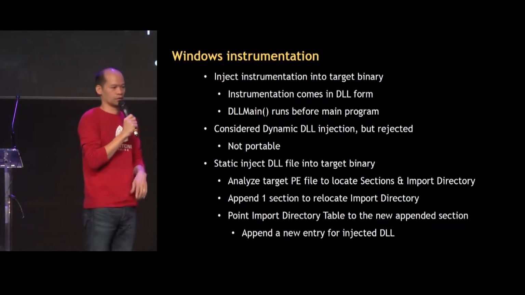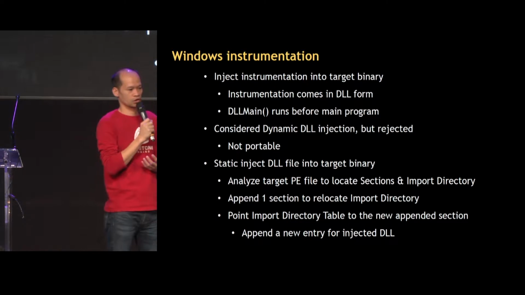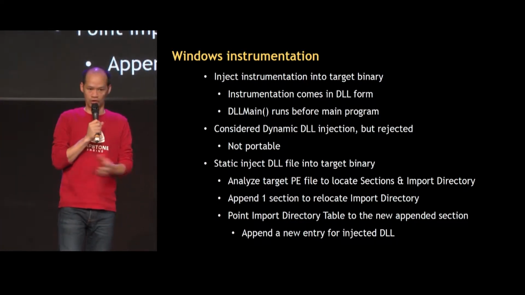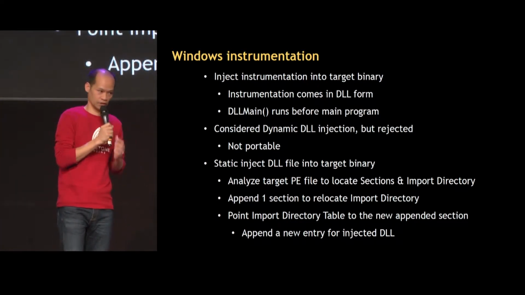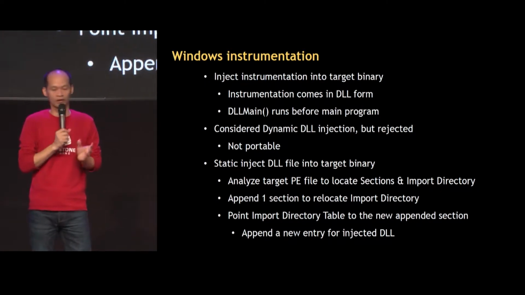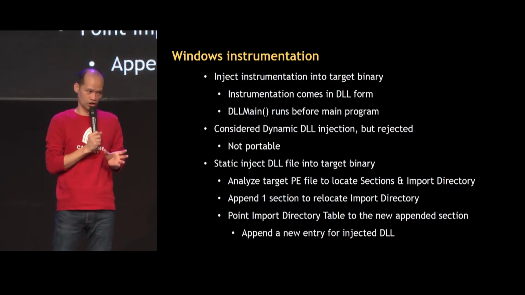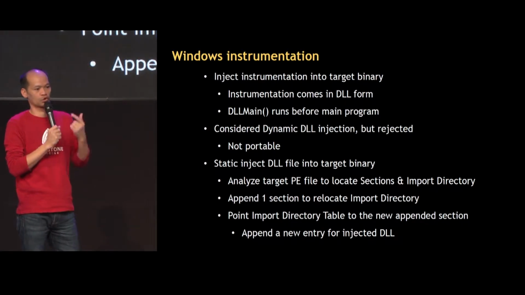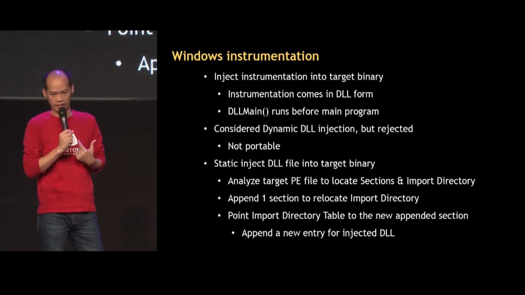There's something we want to tell. Because we want to inject the DLL into the target binary, there are two types of injection: dynamic injection or static injection. We go with dynamic DLL injection. But there are also two ways of doing dynamic DLL injection.